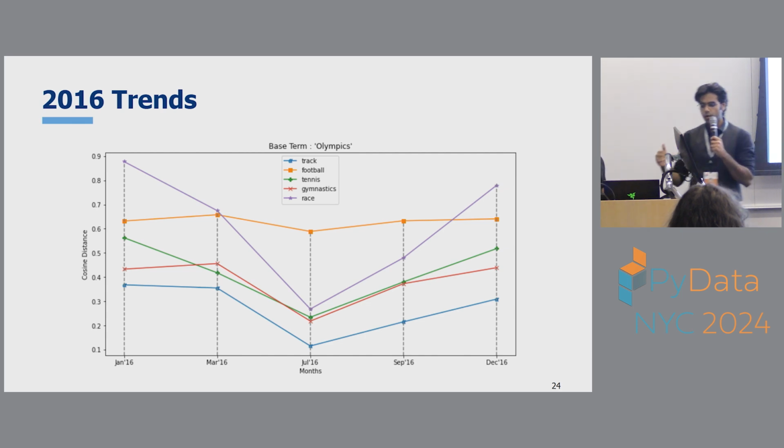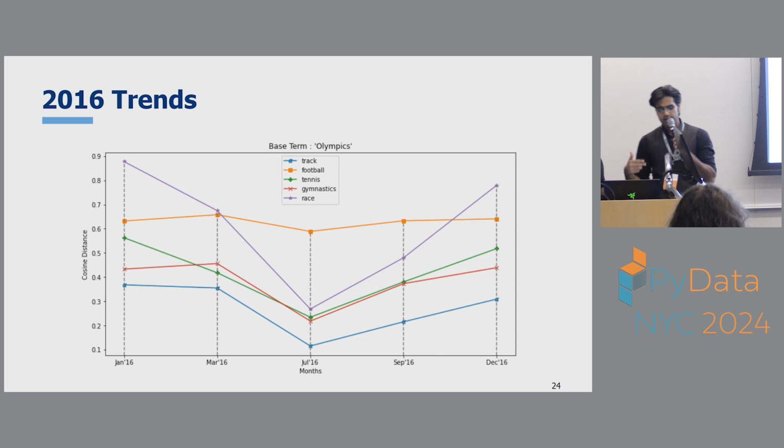Now we keep our base term as the Olympics, and we have a couple of relative terms: track, football, tennis, gymnastics, and race. Because this is a dataset that mostly contains US news, football here means American football.